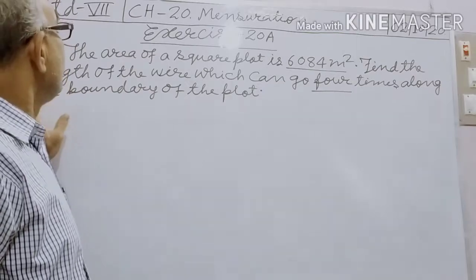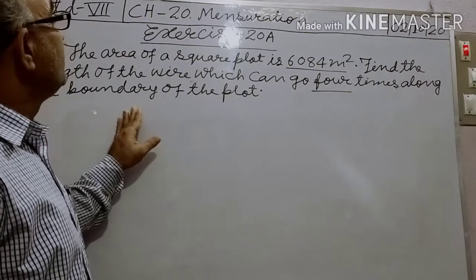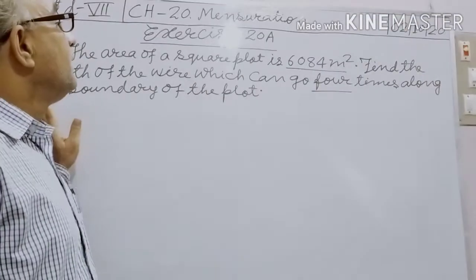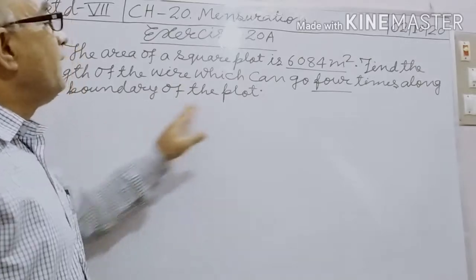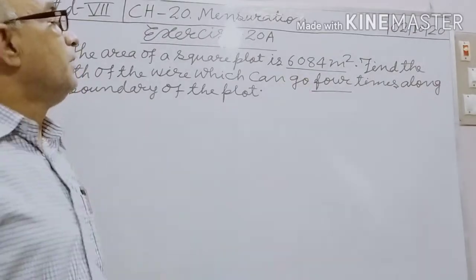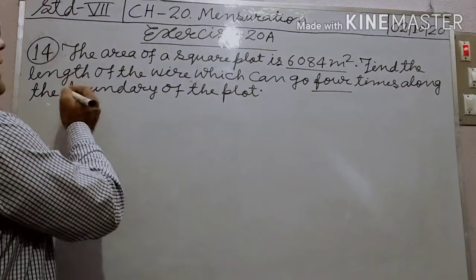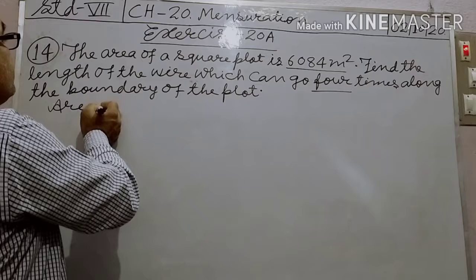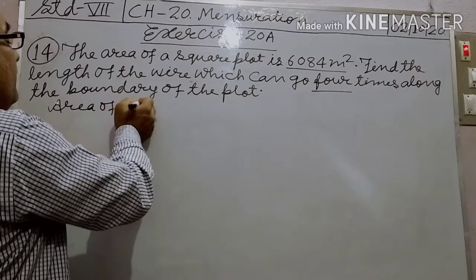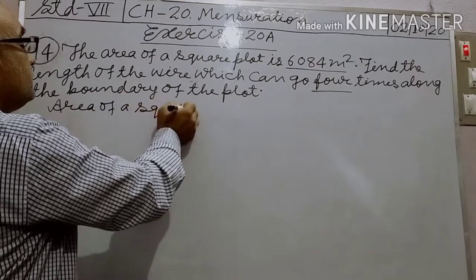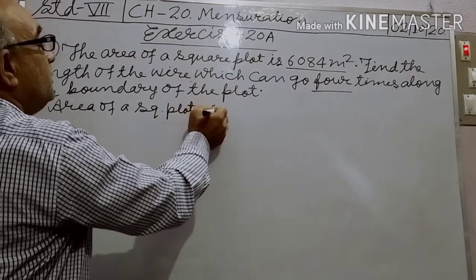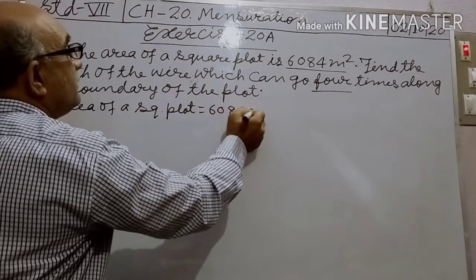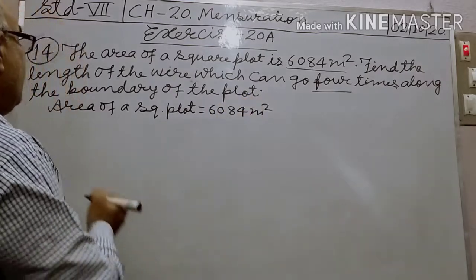That means first of all find the side of a square. After that find the perimeter of the square. Now find the length of the wire. So students, area of a square plot equal to 6084 meter square.